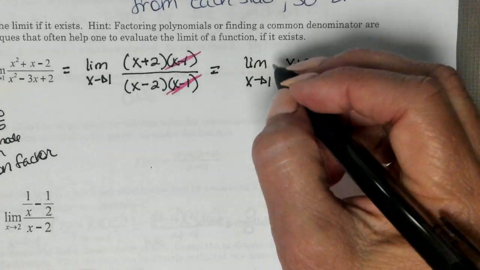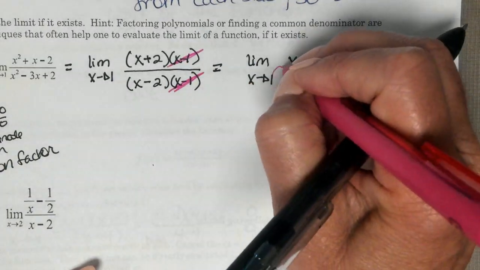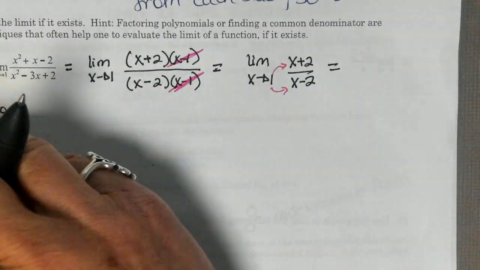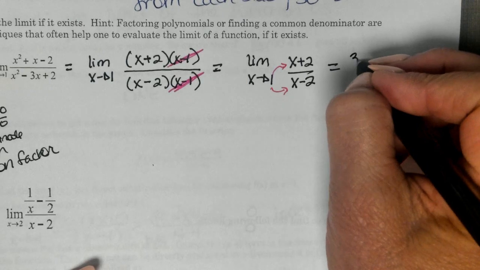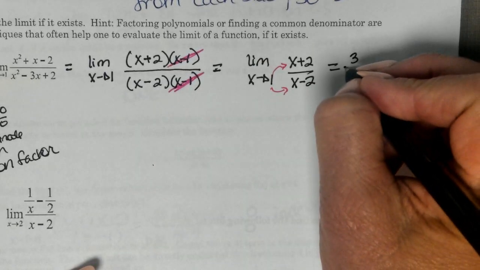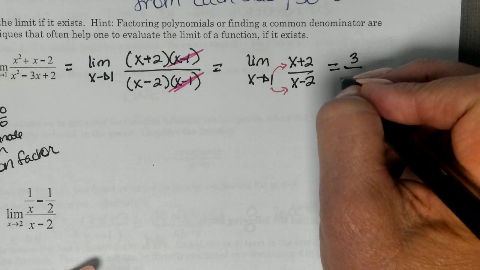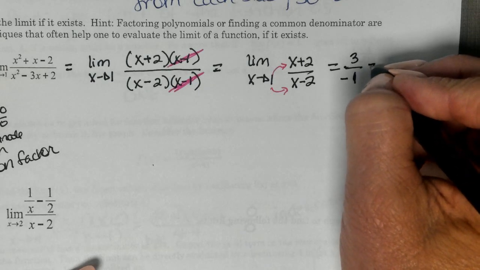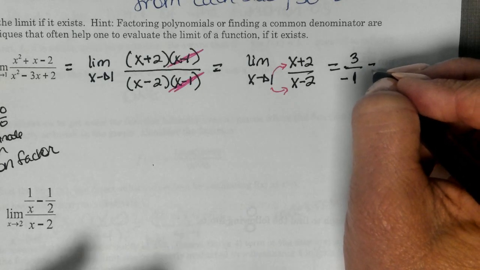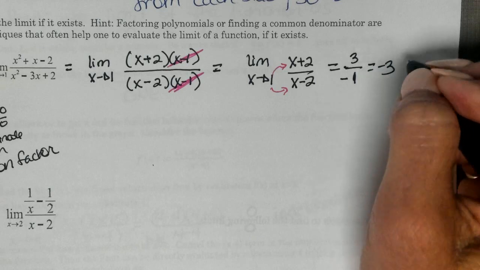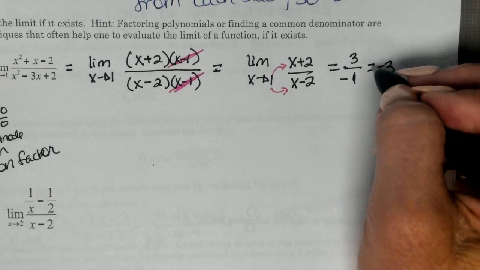If I plug in that 1 for both of these values, I've got 3 over negative 1, and that's just negative 3. You can do some mental math there if you need to.